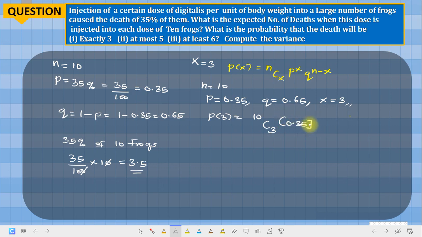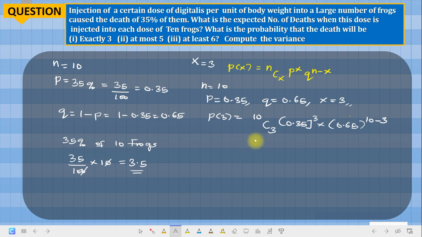Now substituting into the equation, P of exactly 3 will be equal to 10 combination 3 bracket 0.35 raised to the power of what is our x? Our x is 3, times 0.65, which is our q, raised to the power of 10 minus 3.